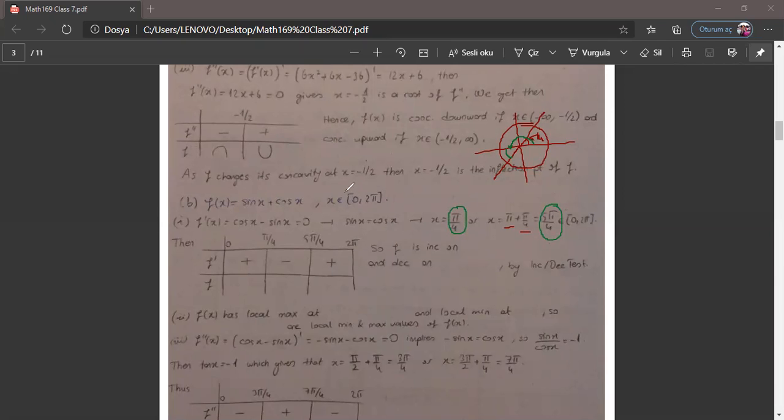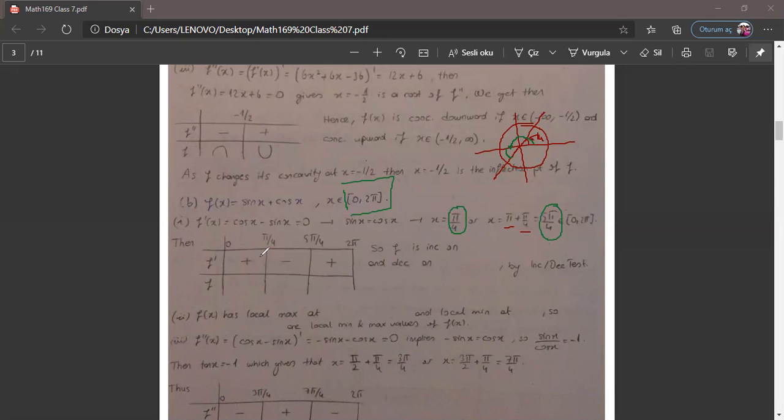As we're given this interval, it means the function is defined on this interval. So we have these boundaries: below we have 0, and above we have 2 pi, and these roots. So what do we do now?